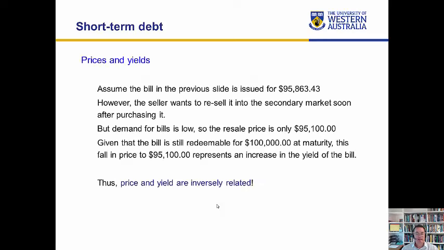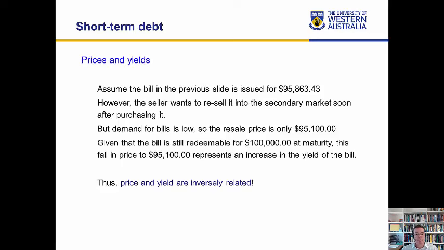Okay, the key thing to note on this slide is that the price that is paid for a discount security and its yield is inversely related. So let's just imagine that in the previous slide this bill was sold for $95,863, but then the person that purchased that bill, that is the original lender of the money, wanted to liquidate their position so they could go into the secondary market and sell their bill to another investor.